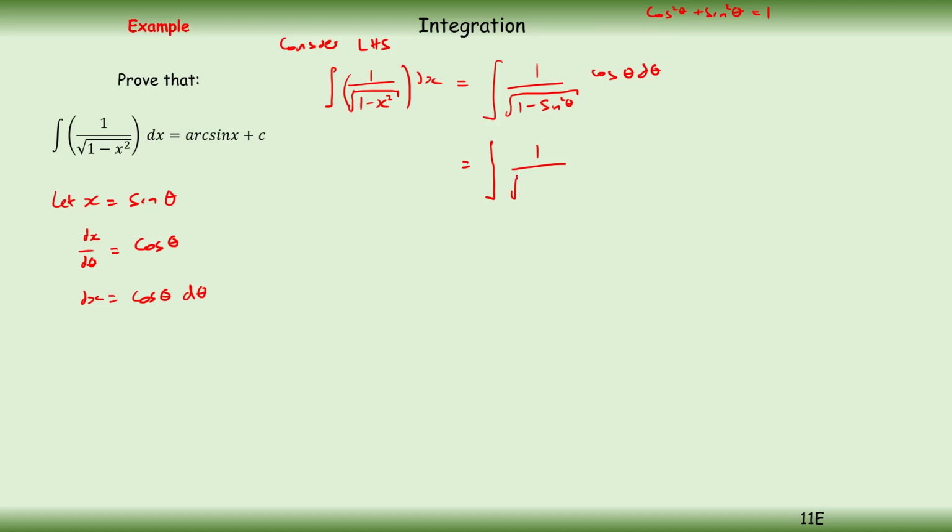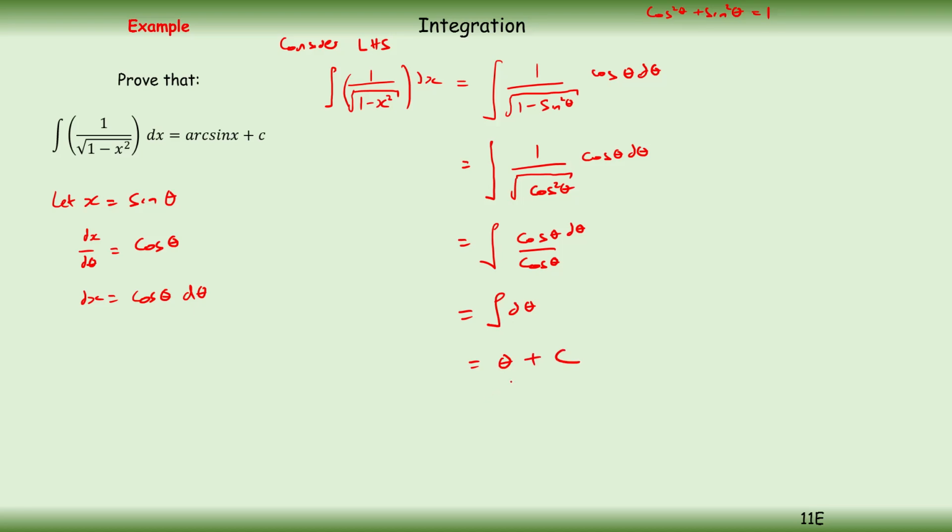So that's going to be the square root of cos squared theta times cos theta d theta, which is equal to the integral of cos theta over cos theta d theta, since the square root of cos squared theta is cos theta. So that's just the integral of d theta, which is equal to theta plus our constant.